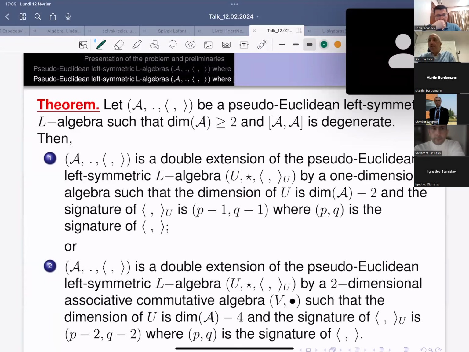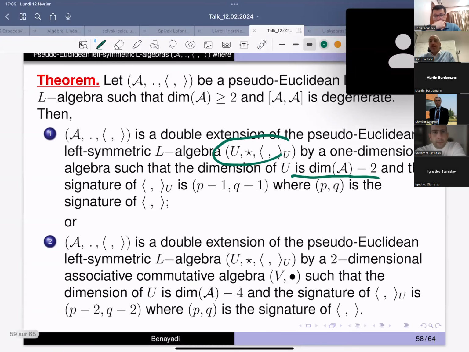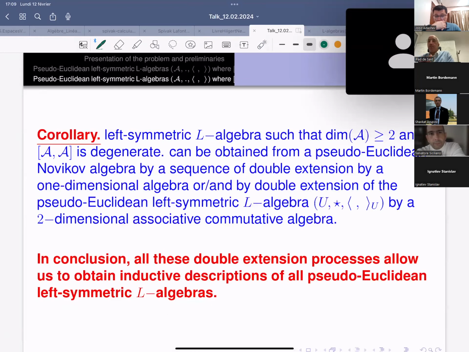This theorem: by double extension by dimension 1 or 2, A is obtained by double extension by a two-dimensional associative commutative algebra V. In this case, the dimension of U is the dimension of A. Okay, and just the final result.